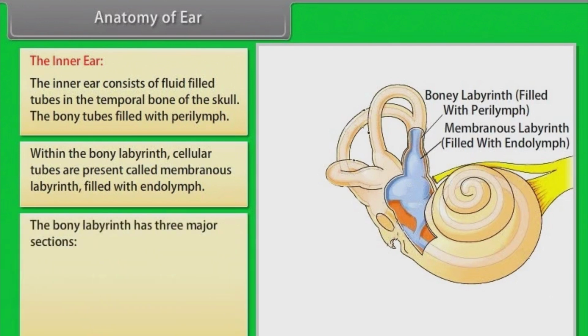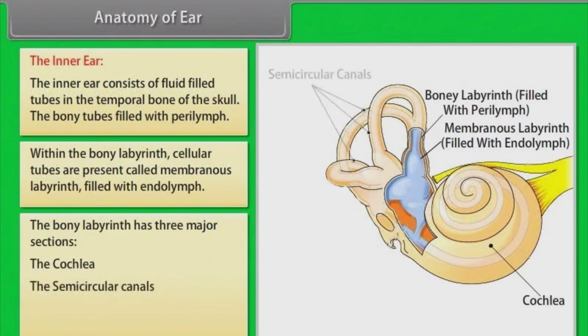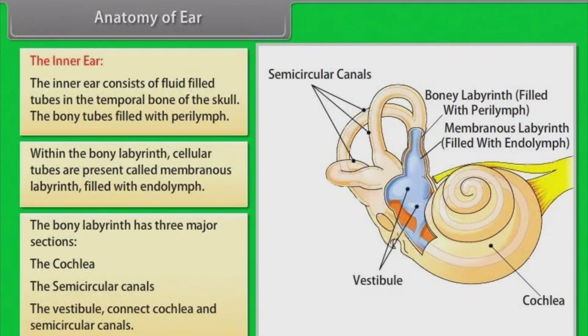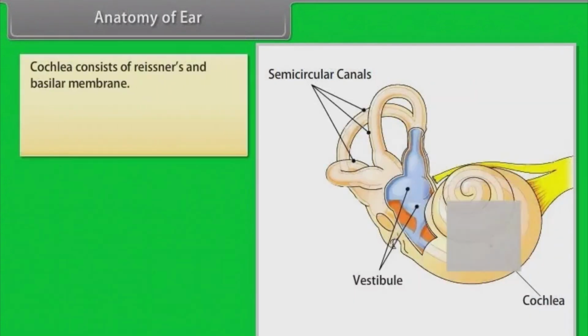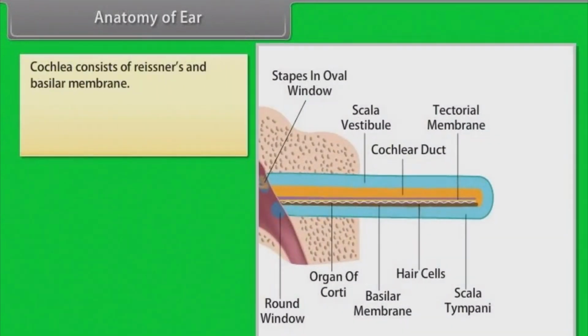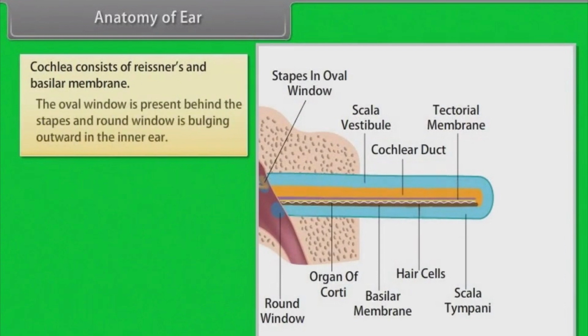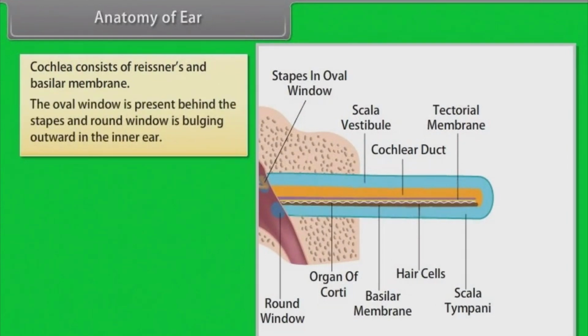The bony labyrinth has three major sections: the cochlea, the semicircular canals, and the vestibule connected to the cochlea and semicircular canals. The cochlea consists of Reissner's membrane and the basilar membrane. The oval window is present behind the stapes, and the round window is bulging outwards in the inner ear.